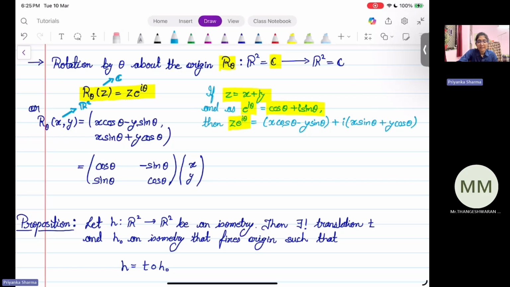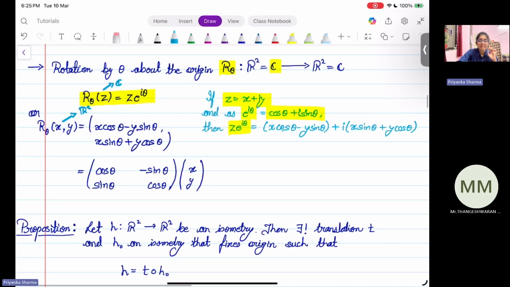In matrix form, it can be written as the matrix cos θ, minus sin θ, sin θ, cos θ, multiplied by (x, y). So (x, y) is the given point. This is the way we represent a rotation.